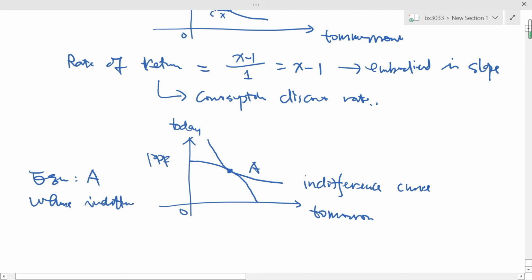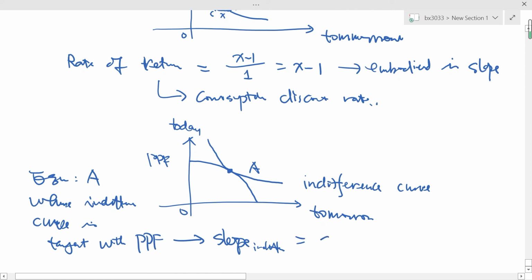the indifference curve is tangent with the PPF. That means at point A, the slope of the indifference curve is equal to the slope of the PPF at point A, which means the rate of return is the same.